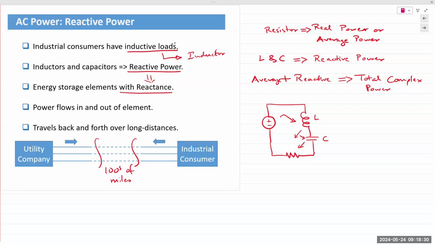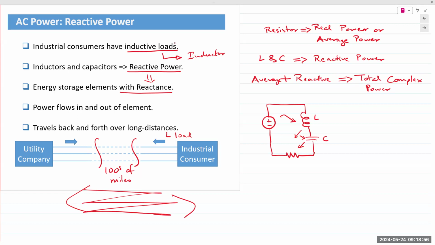The energy that is coming from the utility company, and here you have an inductive load, is traveling back and forth constantly over long distance transmission lines. Make sense? Right? Energy flows in and out of the inductor and capacitor.